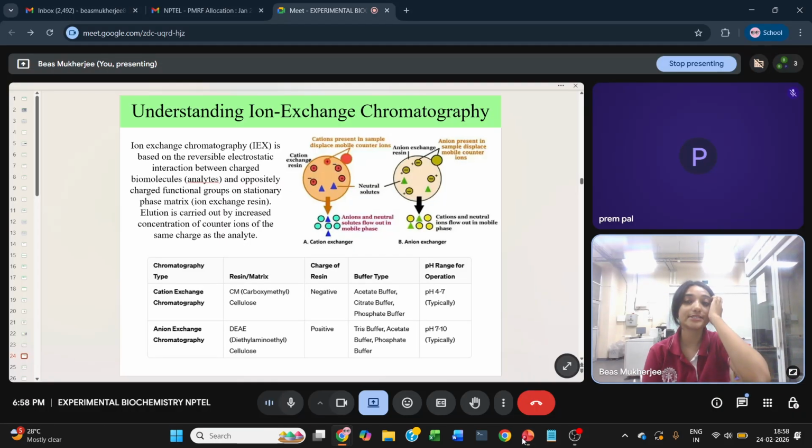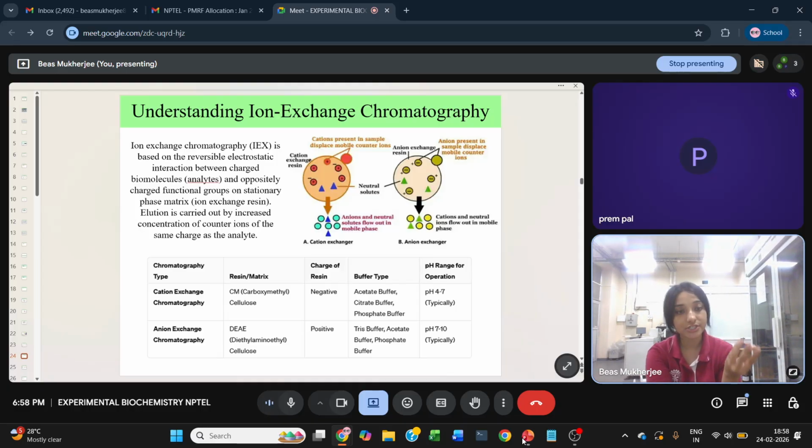Okay, the next technique that we have is understanding ion exchange chromatography. The figures are such that you will understand everything from the figure. If you look at this, you will see that in a cation exchanger, the resin is negatively charged. So the molecules that you have are cations.